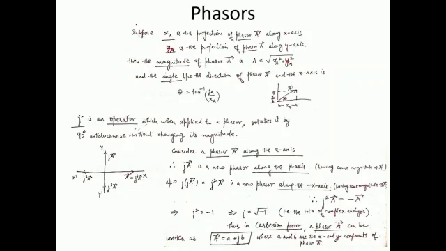Now in the Cartesian form, the phasor A can be expressed as small a plus J times b, where small a and small b are the x and the y components of the phasor A. So small a is along the x-axis and small b is along the y-axis.